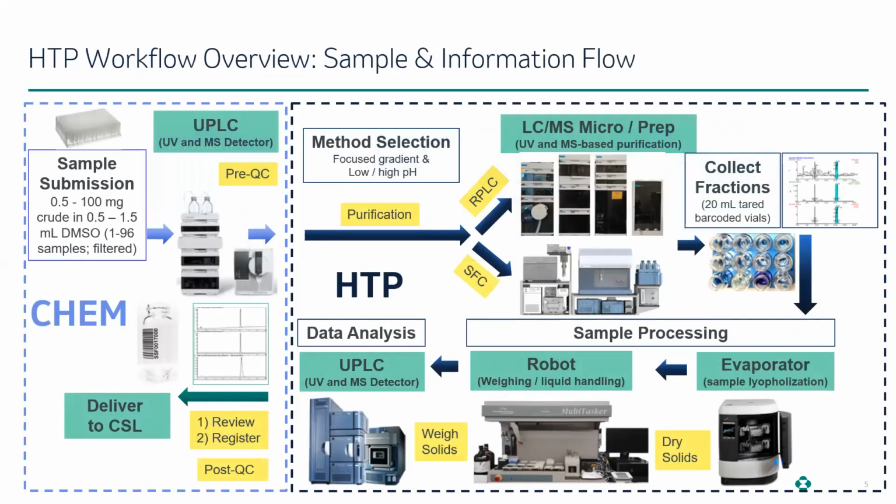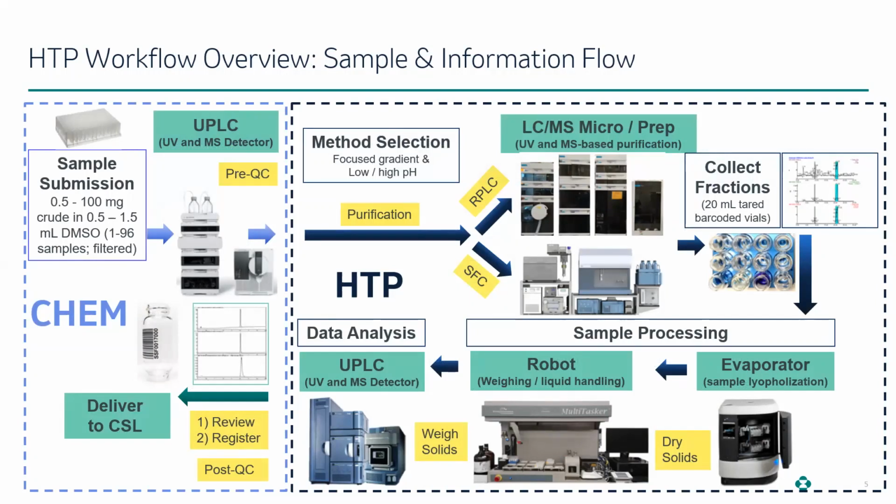So at this point, I'd like to walk through our primary workflow in South San Francisco. It's worth mentioning that HTP operations vary across the industry. Some groups focus only on purification, while others provide additional services, such as DMSO plate creation, compound storage, and solubility and log D determination.